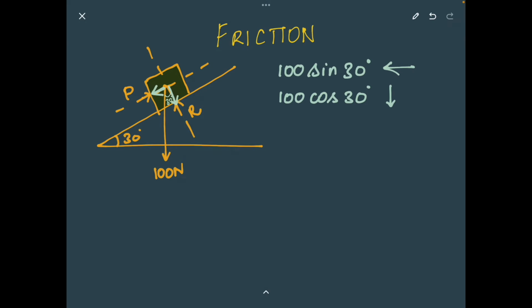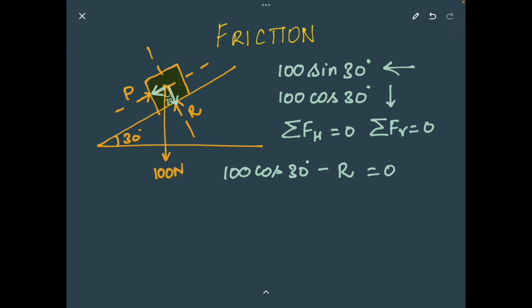What we have to do now is apply the conditions of equilibrium and try to calculate the force that we require. According to the conditions of equilibrium, the summation of all the forces in the horizontal direction is 0 and the summation of all the forces in the vertical direction is 0. So the vertical forces acting on this system are 100 cos of 30 degrees minus the reaction force, equal to 0.